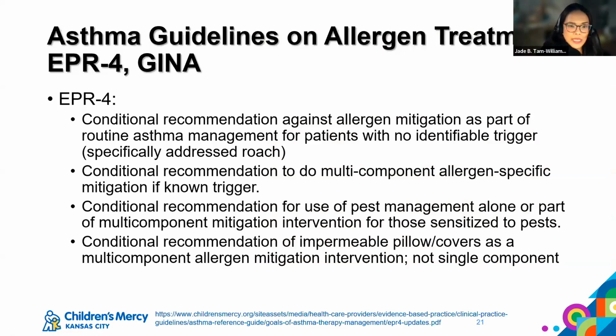Their recommendation was that you shouldn't do allergen mitigation for everybody unless they have no known trigger. If you don't know why their asthma is being triggered, don't clean out the whole house, but specifically they were thinking about roach. They felt that if you did know what the trigger was, yes, you should do some allergy interventions, and yes, you should do pest management.